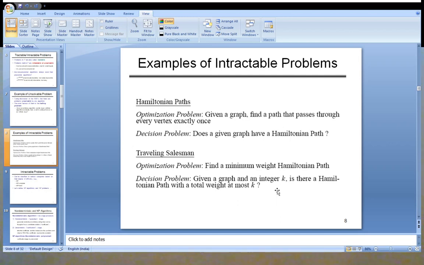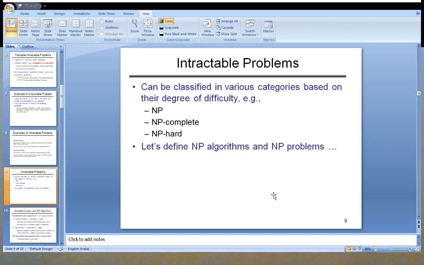In it, we basically find a Hamiltonian path, and we add up the weights that we have covered. This problem is also very difficult when the size of the input increases very much.